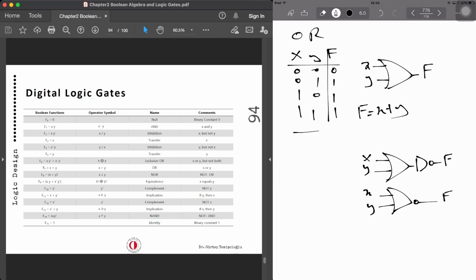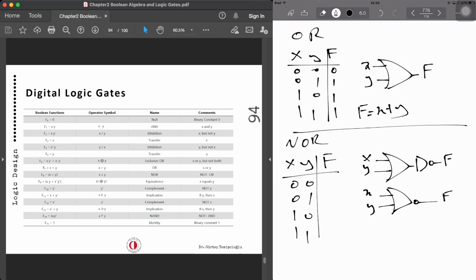Now this becomes NOT OR, or NOR, we call it. X, Y, and F: 0, 0, 0, 1, 1, 0, 1, 1. And it's the opposite of OR. So when it is 0, it's going to be 1, and when it is 1, it's going to be 0. So it is like F equals (X plus Y) prime, inverted.